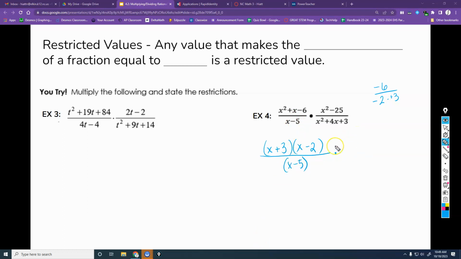All right. Let's see. Easton, how about x squared minus 25? Negative 5 and 5. So we'll have x plus 5, x minus 5. Okay. Shay, what about x squared plus 4x plus 3?